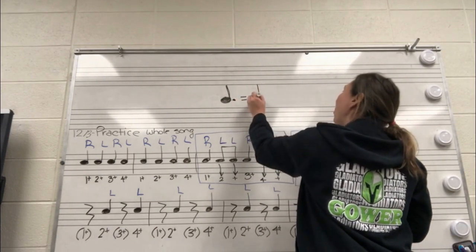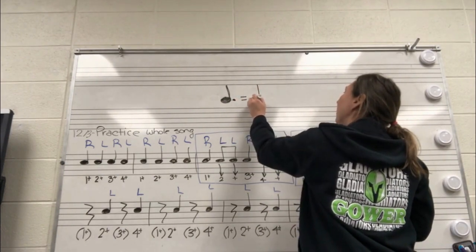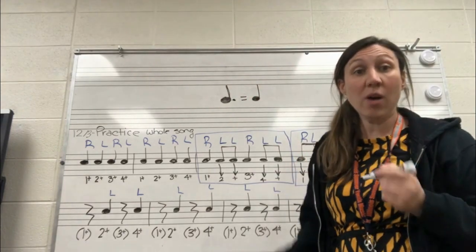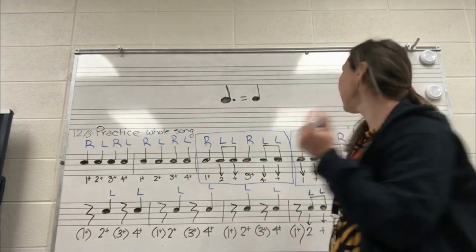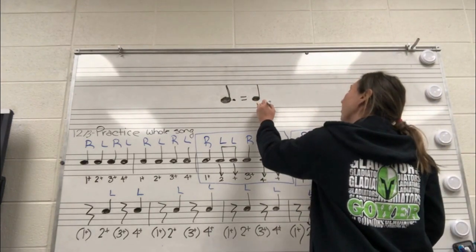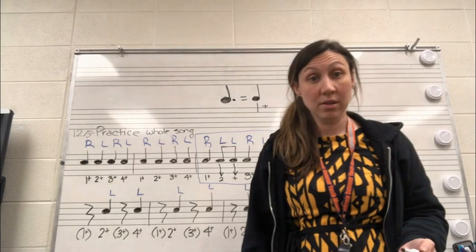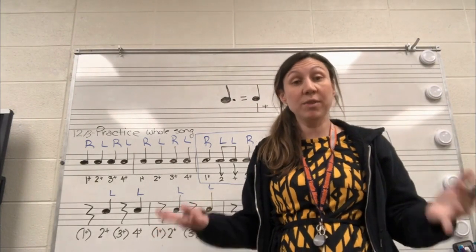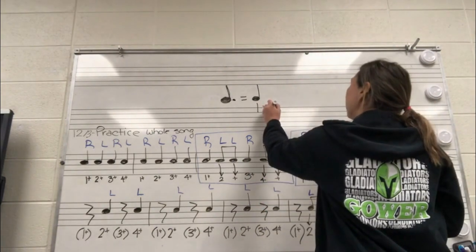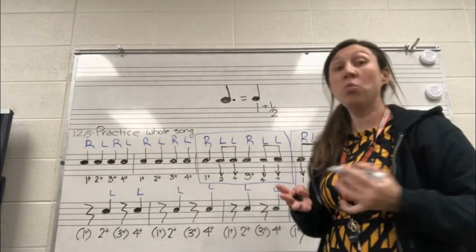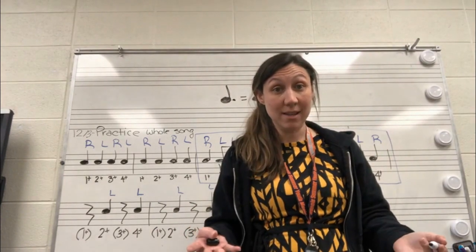I need to figure out what half of a quarter is. So how many beats does a quarter note get? It's going to get 1 beat. What is half of 1? So if we were to split 1 in half, we would get a half. What note is worth half a beat?